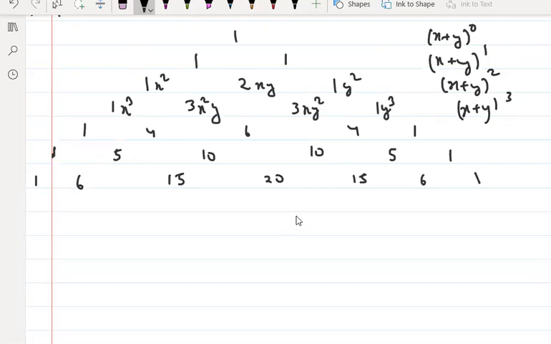See this, x plus y to power 4: x to power 4, 4x cube y, 6x square y square, 4x y cube and y to power 4.